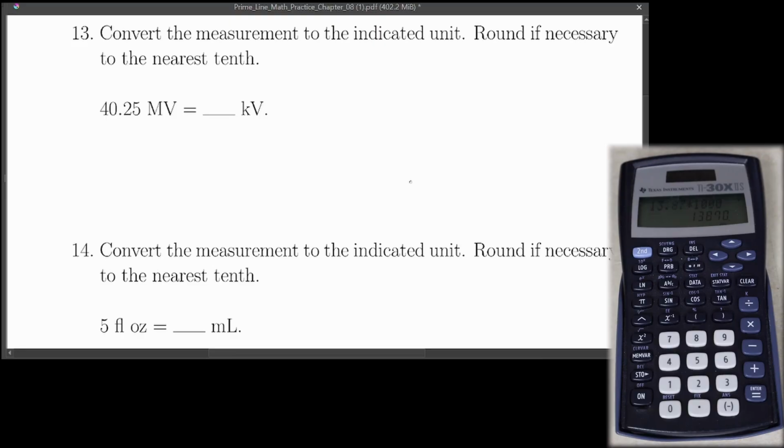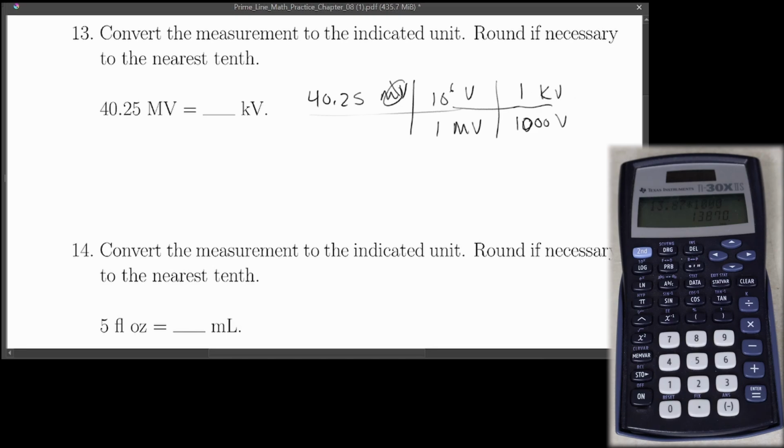Okay, for number 13, we've got 40.25 megavolts. 1 megavolt is 10 to the 6th volts. 1,000 volts is 1 kilovolt.